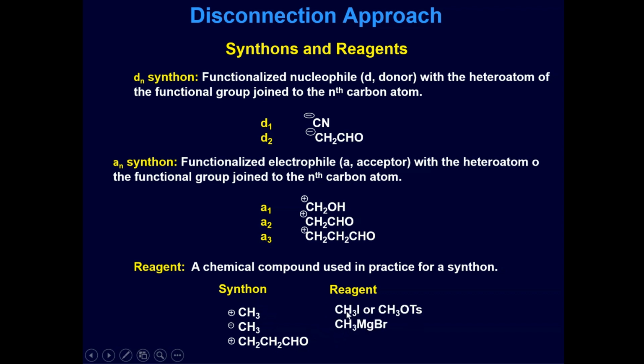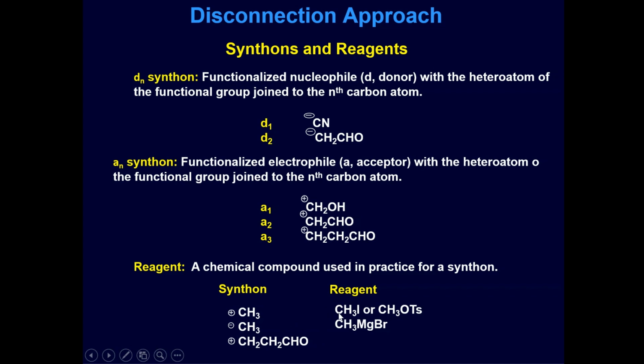I can use CH3I, methyl iodide. As iodine is electronegative, it pulls the electrons and renders this carbon positive. If I dissociate CH3I, it dissociates as CH3 plus and I minus, and CH3 plus is the synthon I can get from using the reagent CH3I.